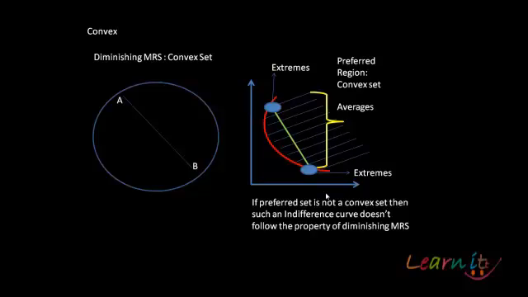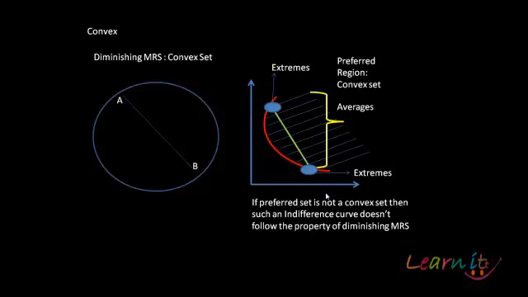What is being said is that because the indifference curve is assumed to be convex, all points on this straight line joining x1 y1 and x2 y2 are preferred to the extreme points.